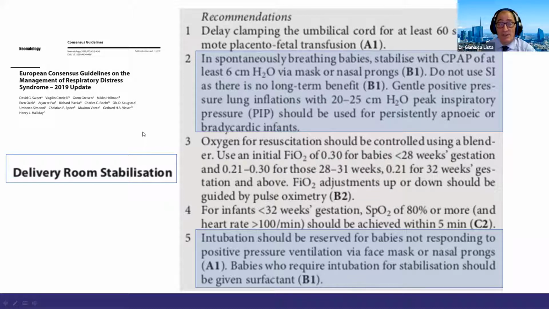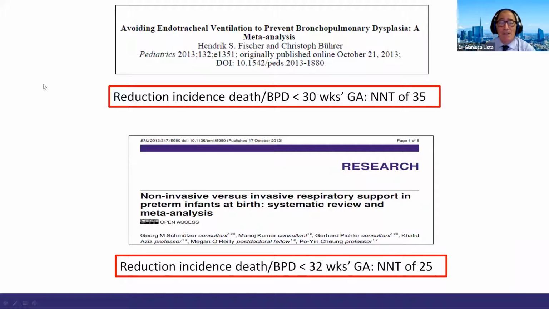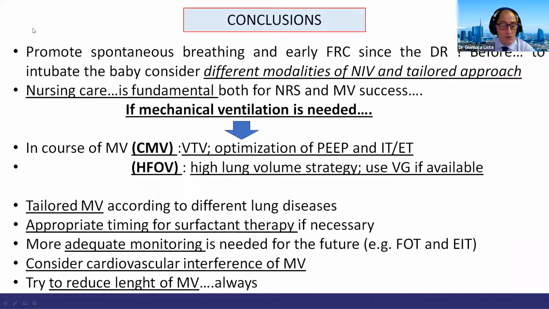It's very important to stabilize these babies with CPAP, because if you are able to use CPAP from the delivery room, you can reduce the risk of mechanical ventilation and the risk of occurrence of BPD and death.